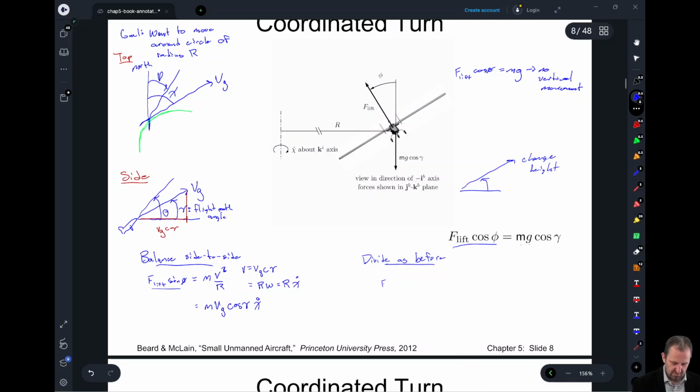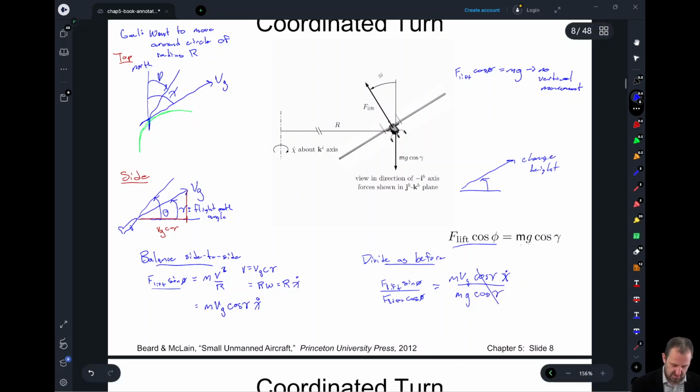When we do that, we have F lift sine of phi over F lift cosine of phi equal to mVg cosine of gamma times the time derivative of our course angle, divided by mg cosine of gamma.